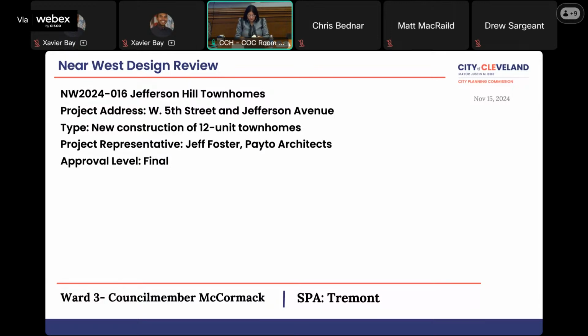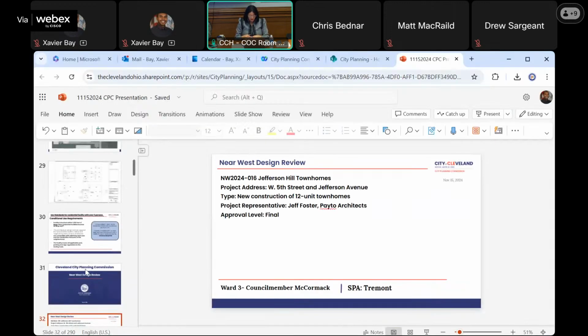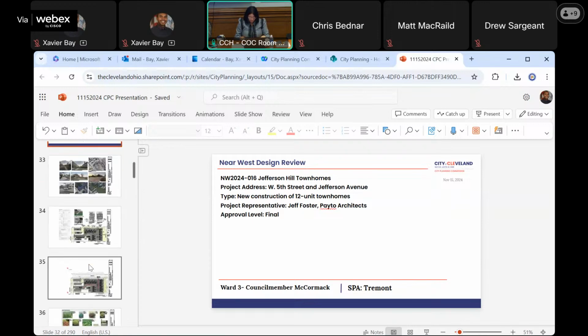There are a few mandatory referrals that need to go, being presented by the city. So we're gonna jump to page 15 really quickly.